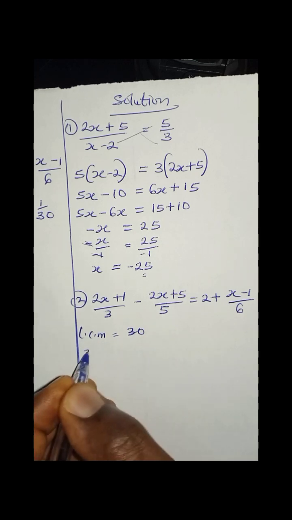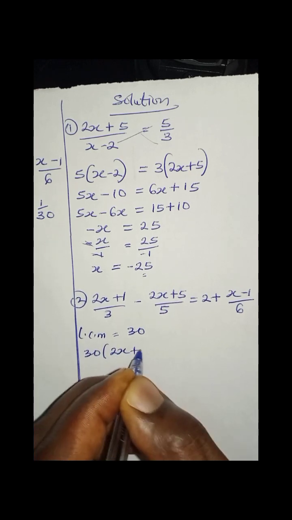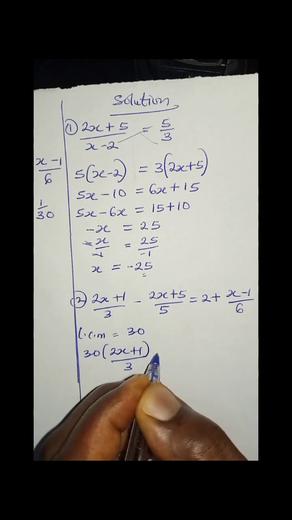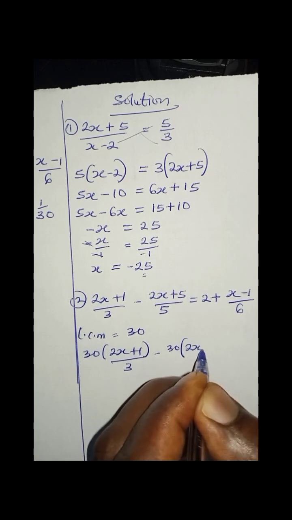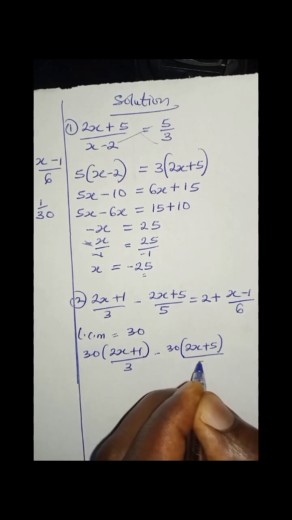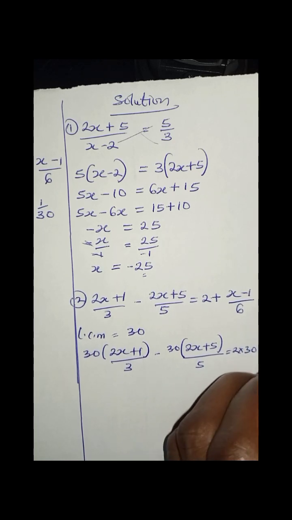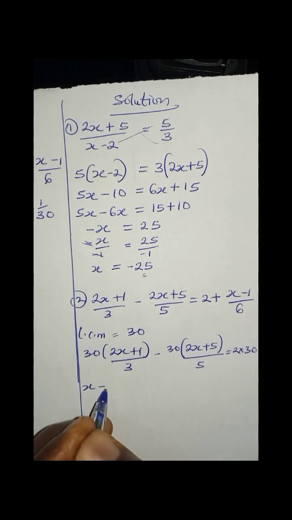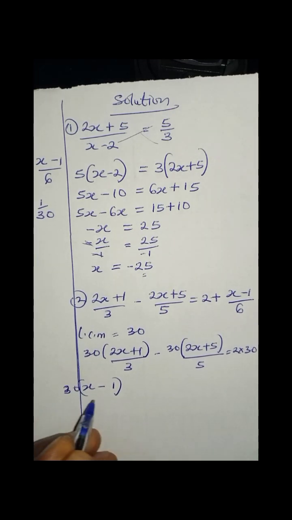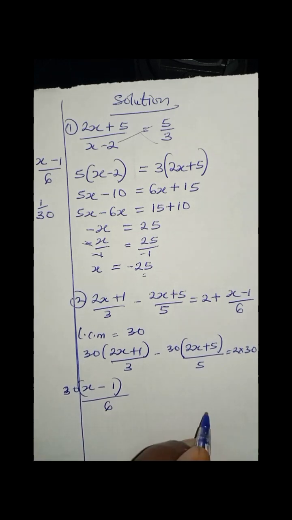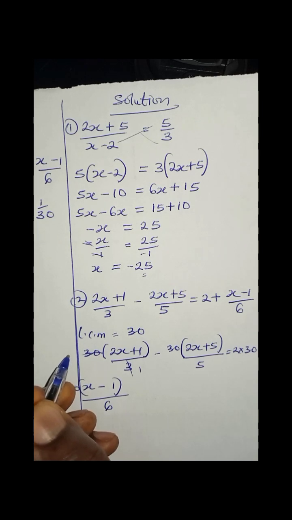So in doing that, we write our 30, and we say in bracket 2x plus 1 all over 3 minus 30, open bracket, 2x plus 5 all over 5 is equal to 2 times 30 plus x minus 1 in bracket, we have 30 all over 6. 3 goes in 3 once, 3 goes in 30, how many times? 10 times.